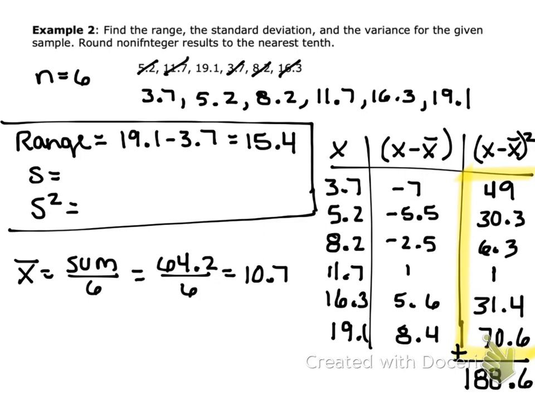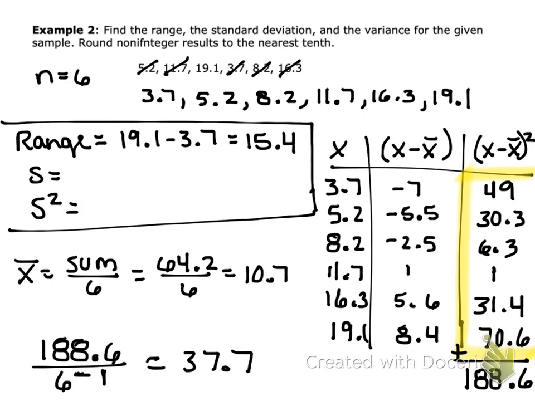And then remember, we divide that 188.6 by n minus 1. So that would be 6 minus 1, which is 5. When we divide that by 5, we get 37.7.